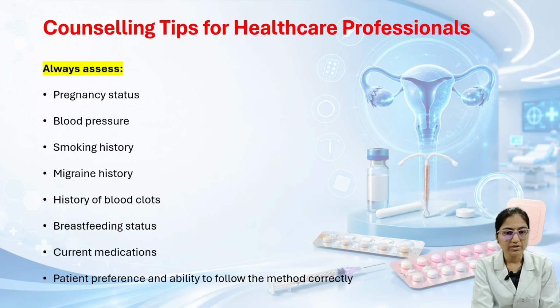Here are counseling tips for healthcare professionals. Always assess pregnancy status, blood pressure, smoking history, migraine history, history of blood clots, breastfeeding status, current medications, and patient preference and ability to follow the method correctly.